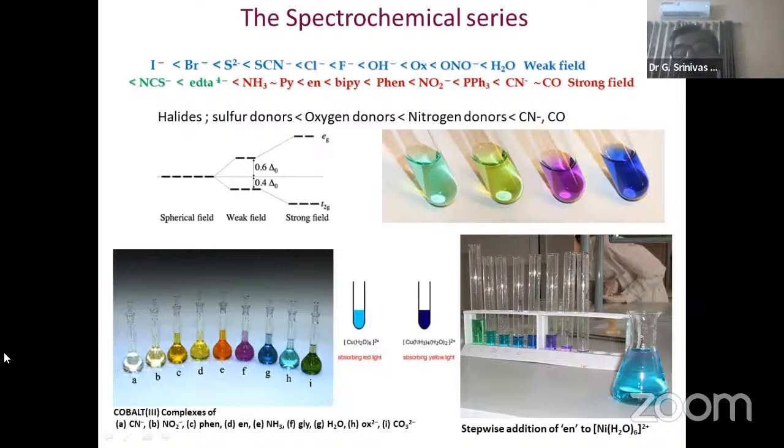ONO, even H2O. Up to H2O, this is weak field. Even NCS and EDTA are moderately weak or moderately strong. From ammonia, pyridine, ethylenediamine, bipyridyl, phenanthroline, phen, which has three benzene ring structures, then NO2, that is nitro, and triphenylphosphine, and cyanide and carbon monoxide, these are relatively stronger.